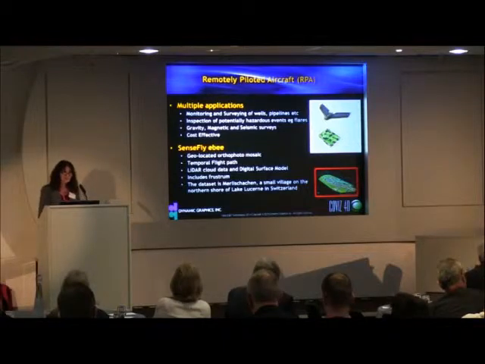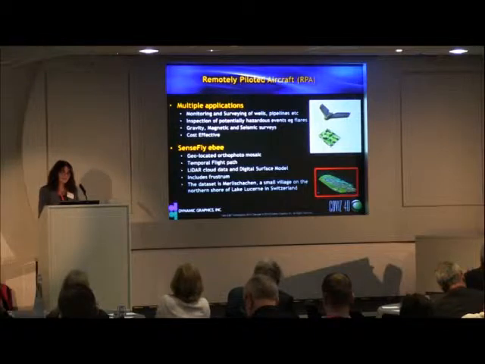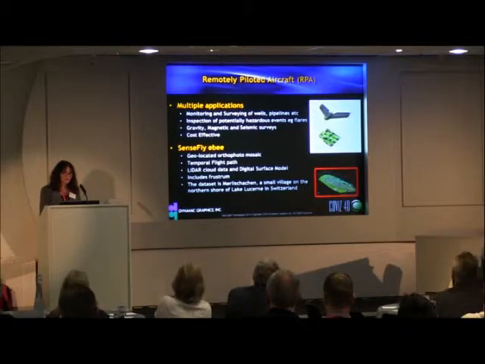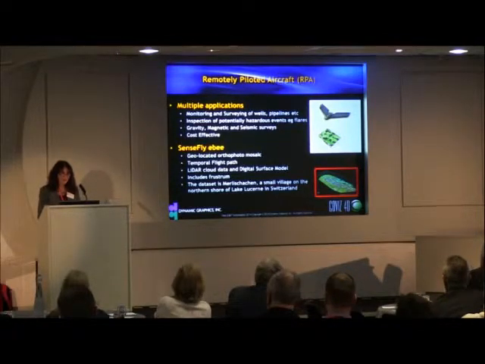So the first data set I'm going to look at is basically collected from a remotely piloted aircraft. And I think the use of these RPAs is going to increase. There are multiple applications, there are multiple ways in which the data can be used. So the data collected from RPAs can be used to monitor and survey, for example, wells and pipelines.